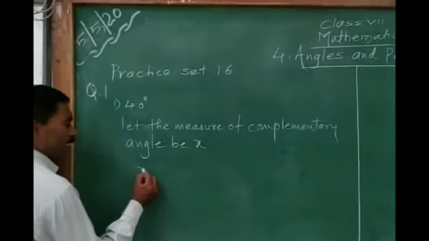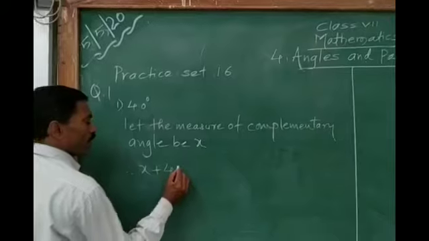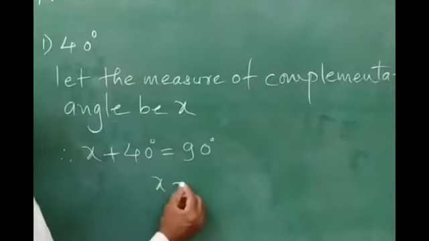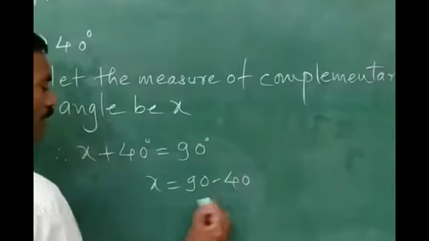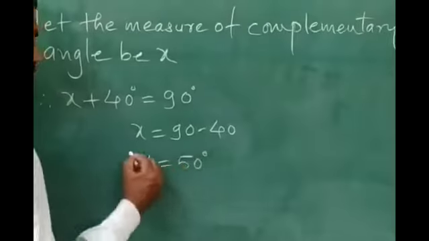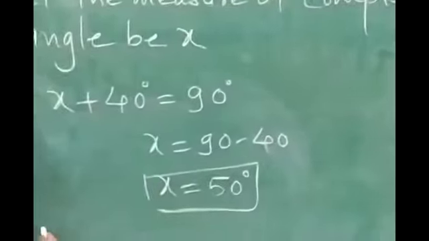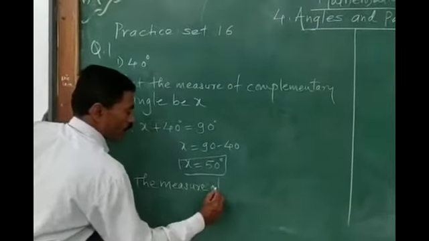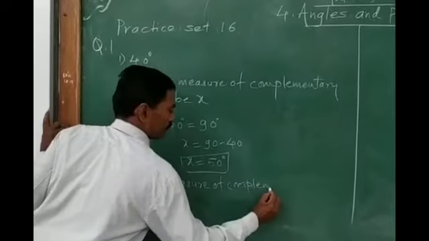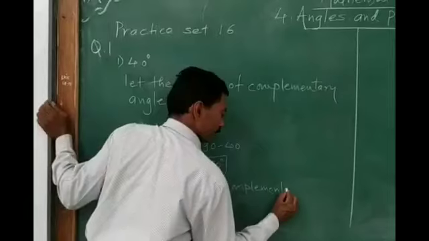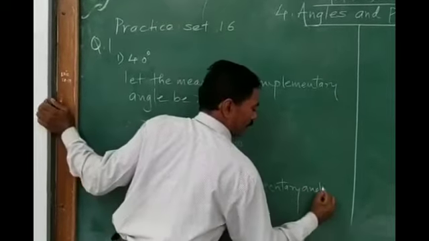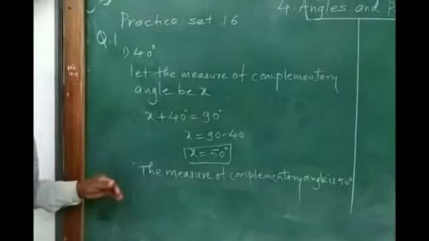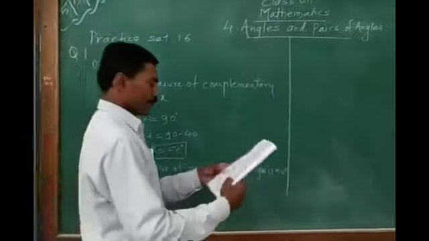Therefore, x plus 40 is equal to 90 degrees, and x is equal to 90 minus 40, x is equal to 50 degrees. Therefore, the measure of the complementary angle is 50 degrees.